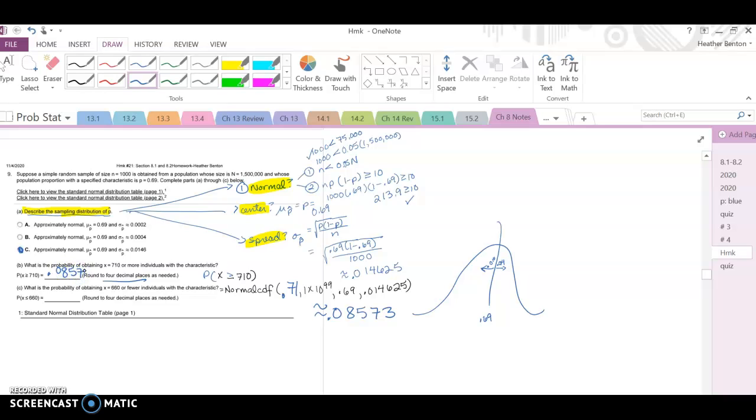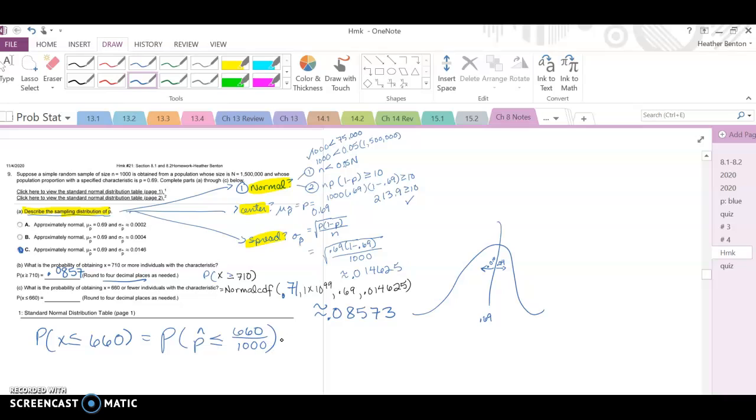Same thing on part C here. What is the probability of obtaining 660 or fewer? So you're doing the probability that x is less than or equal to 660, but really you're doing the probability that p hat is less than or equal to 660 over 1,000.